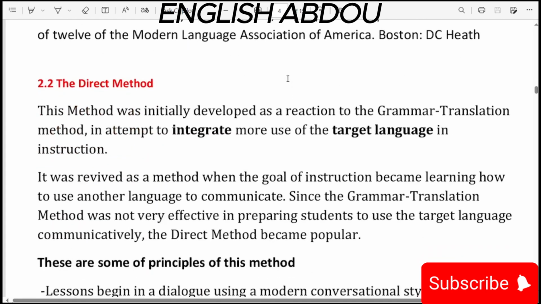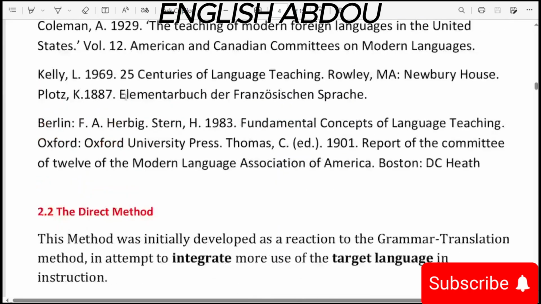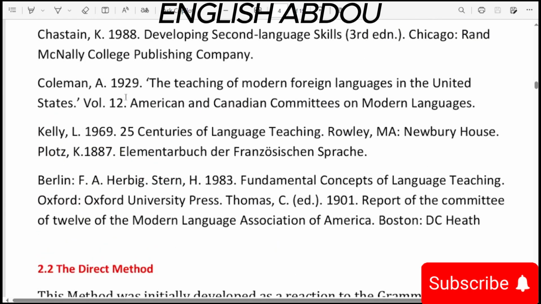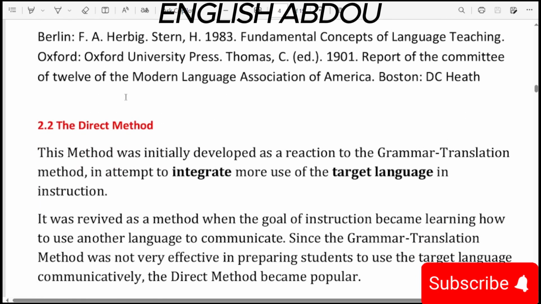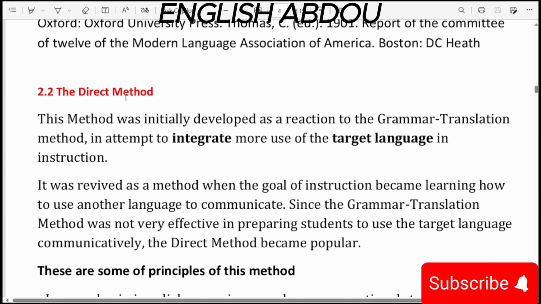Okay, the direct method is the contradictory method to the translation method. Okay, after the failure that this grammar translation method faced, we needed something new that can help us to improve this. Okay, it is the direct method.